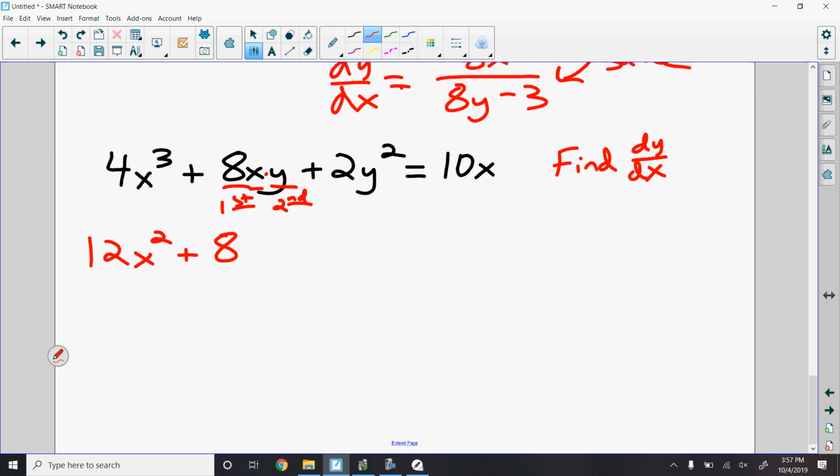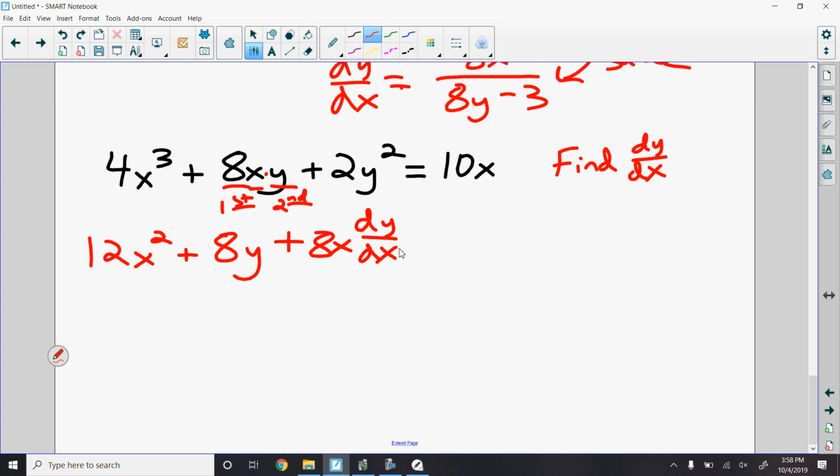So the derivative of the first times the second, y, plus the first, 8x, times the derivative of the second. Well, the derivative of y is 1, but it's 1 times dy dx. Now, I'm not going to write in that 1, but I do need to write in the dy dx. And now I've completed the product rule. Again, this is the derivative of the first times the second plus the first times the derivative of the second.